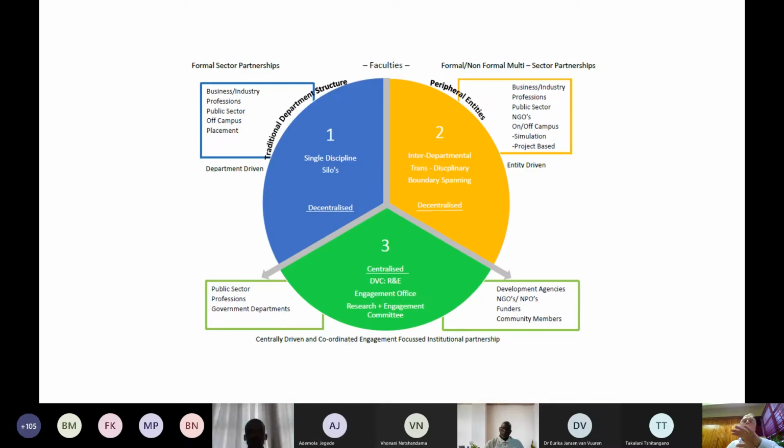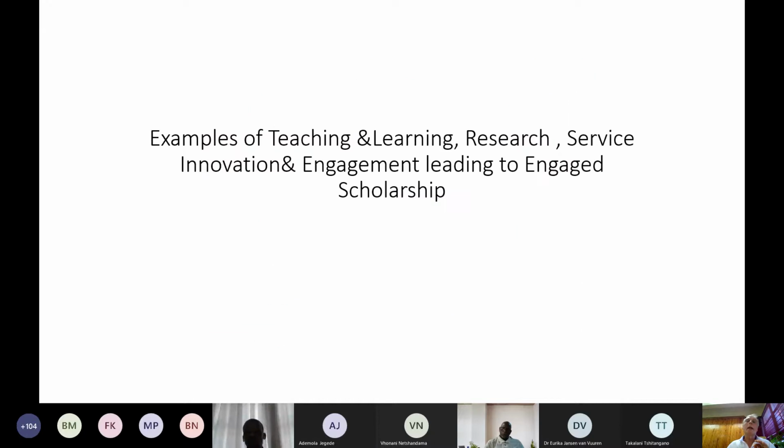This just emphasizes that everyone inside the university is responsible for engagement. It happens in departments, but it also happens in the peripheral entities. And in these peripheral entities, you find a lot of transdisciplinary research and transdisciplinary teaching. And then you also have the engagement office situated there.